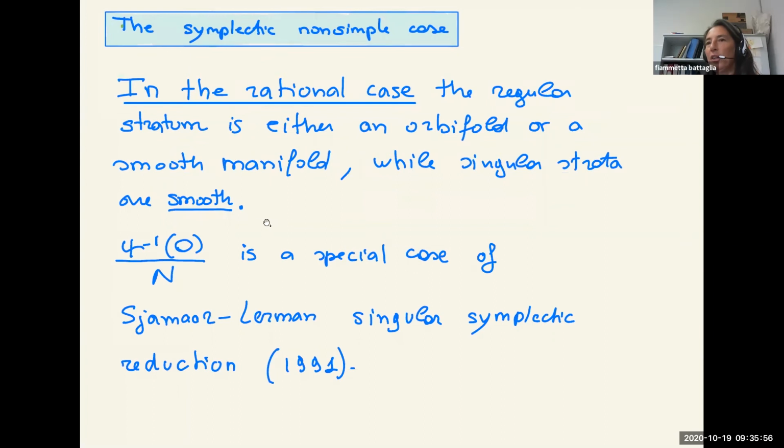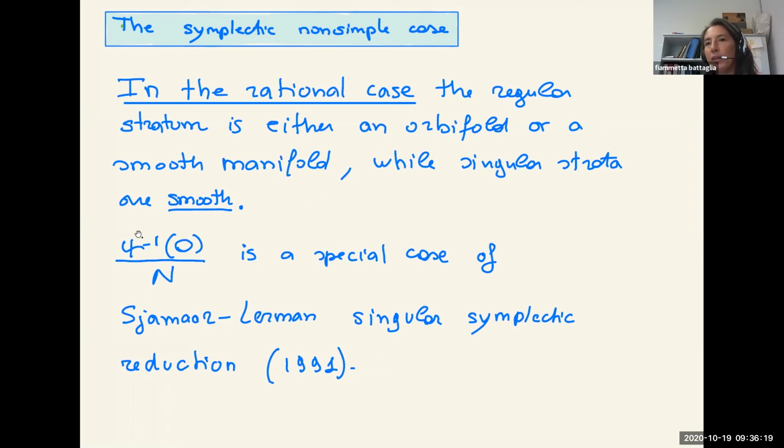And in the rational case, let me just devote one minute to this. The regular stratum is either an orbifold or a smooth manifold, and the singular strata are smooth. This is what happens in general.